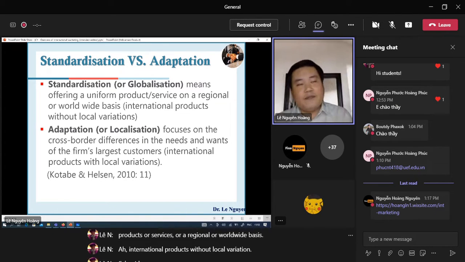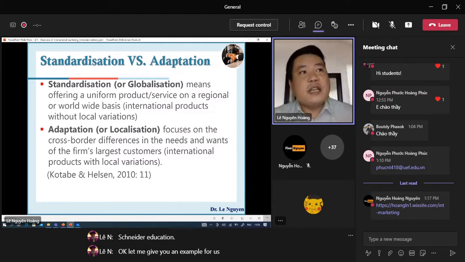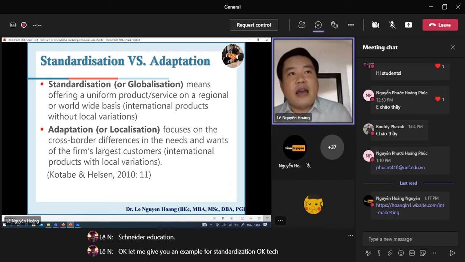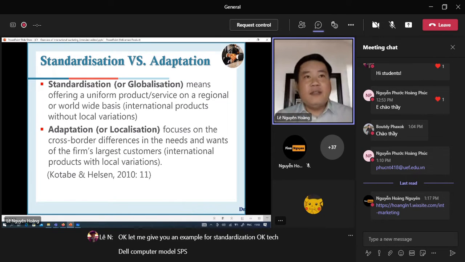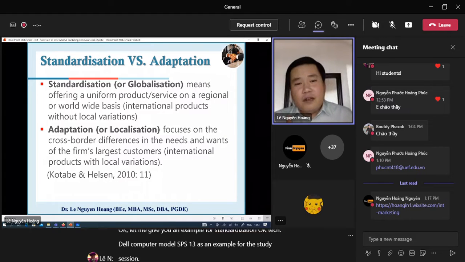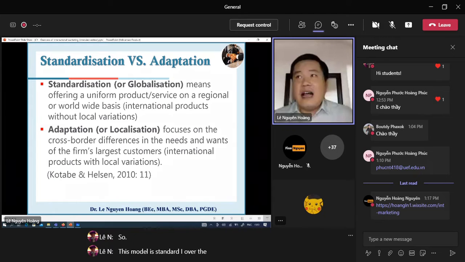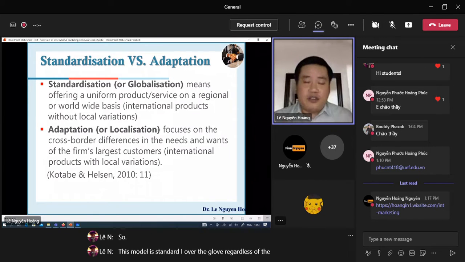Standardization. Let me give you an example. Take the Dell computer model SBS13 as an example of product standardization. This model is standardized over the globe regardless of the country where it's sold.